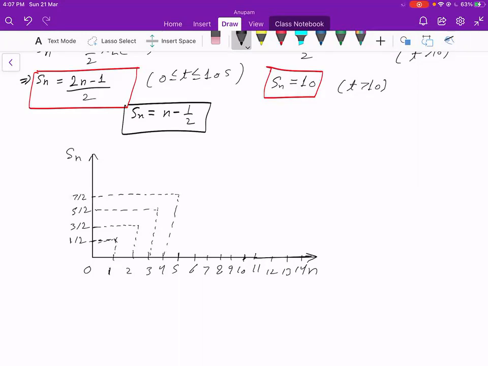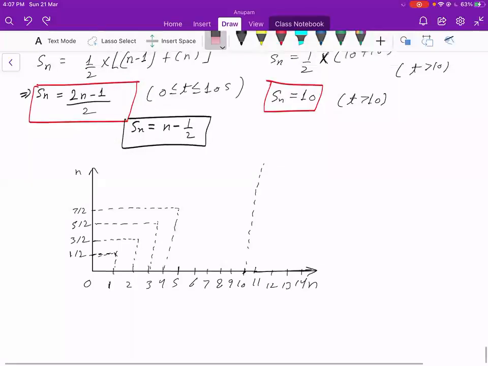S10? 9.5. So what kind of graph am I getting here?